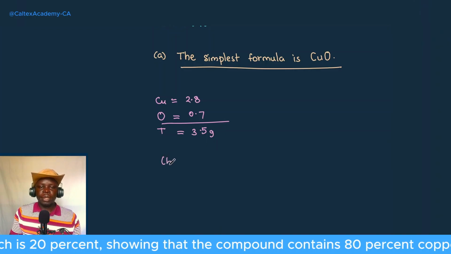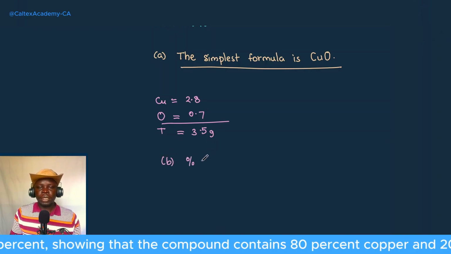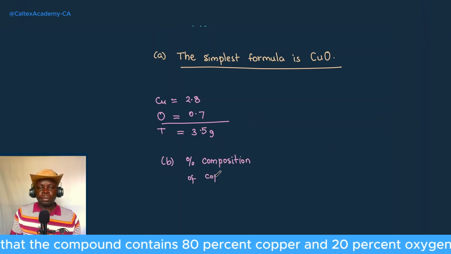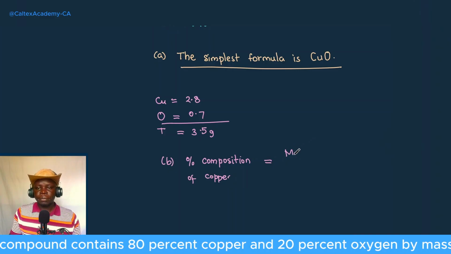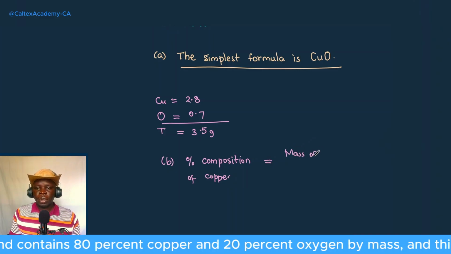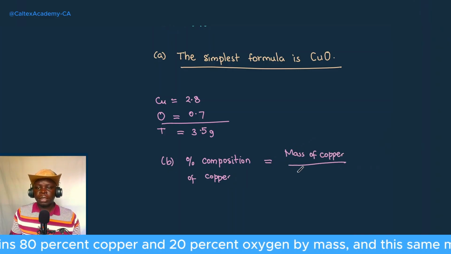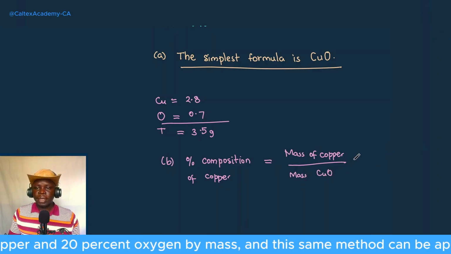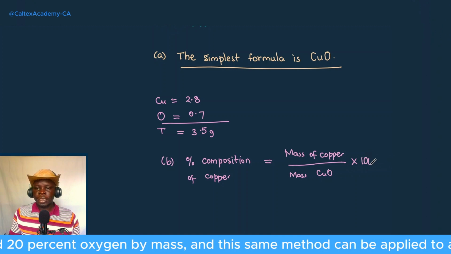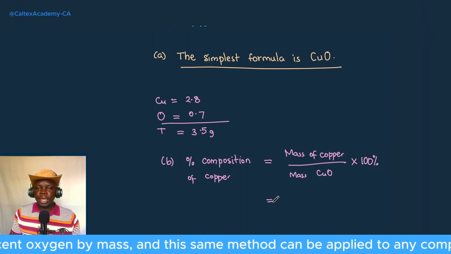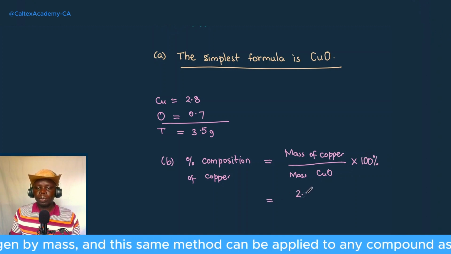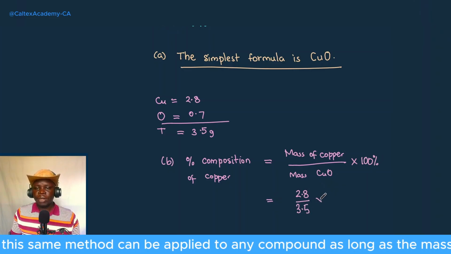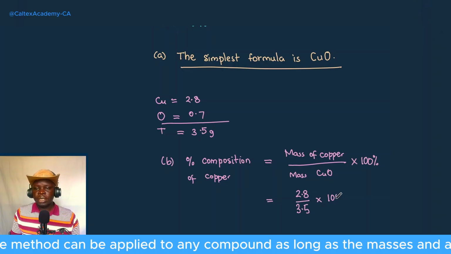To answer part B of the question, we say the percentage composition of copper is given by the mass of copper over the mass of copper oxide, times 100%. So let's make the substitution here, and we have 2.8 over 3.5, and we multiply this by 100%.